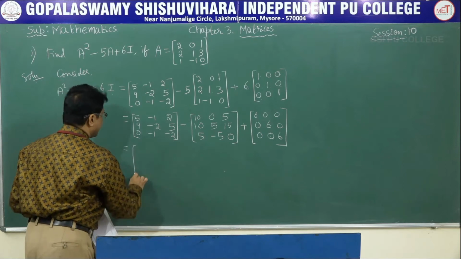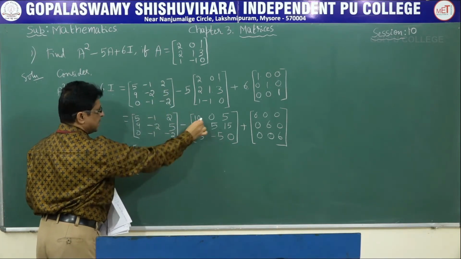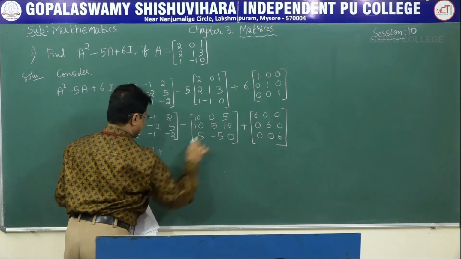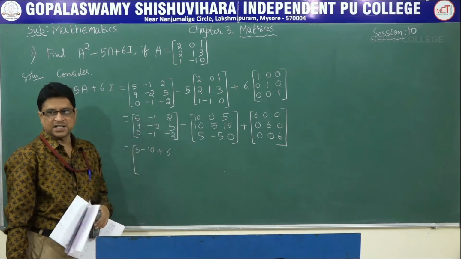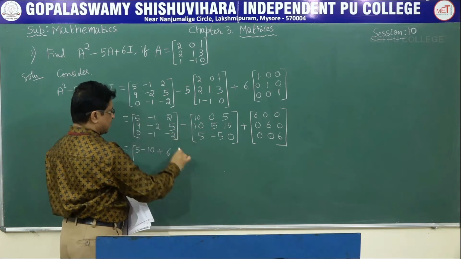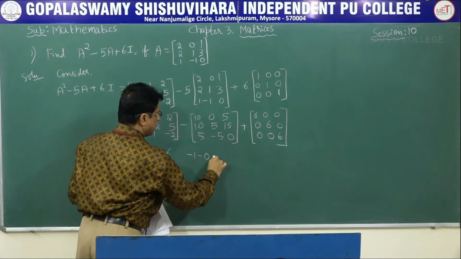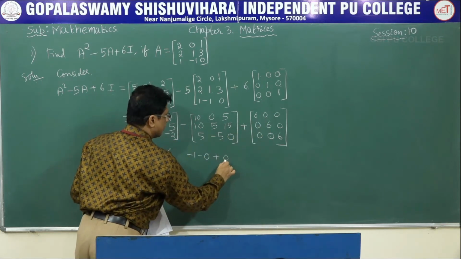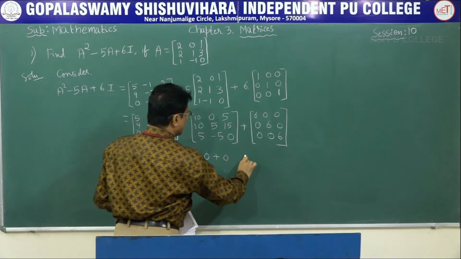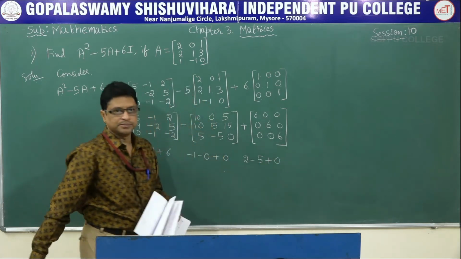So, that will be equal to 5 minus 10 plus 6, that is the first element. Next element is minus 1 minus 0 plus 0. Next, the third element is 2 minus 5 plus 0.